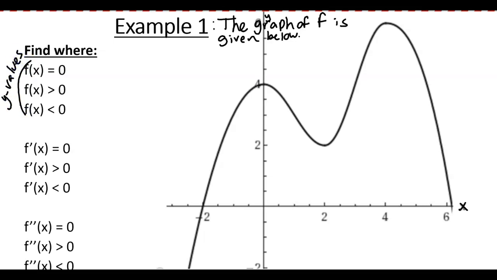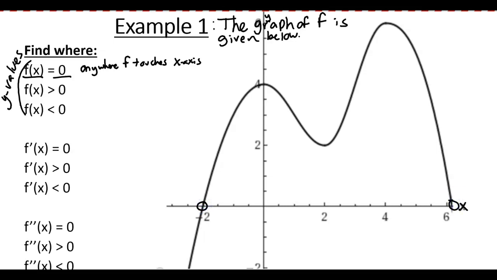So let's start there. When we're just talking about f, those are just the y values. So where on this graph is the y value equal to 0? Well, that would be anywhere it touches the x-axis. That would be right here and right here.